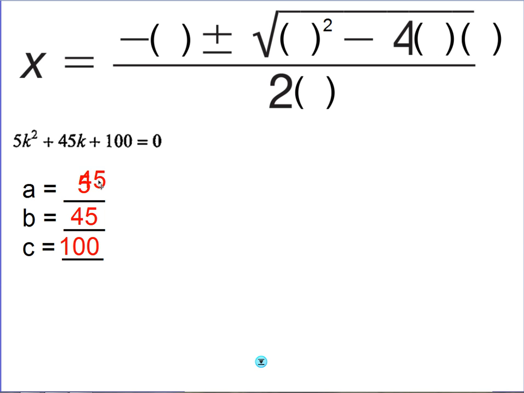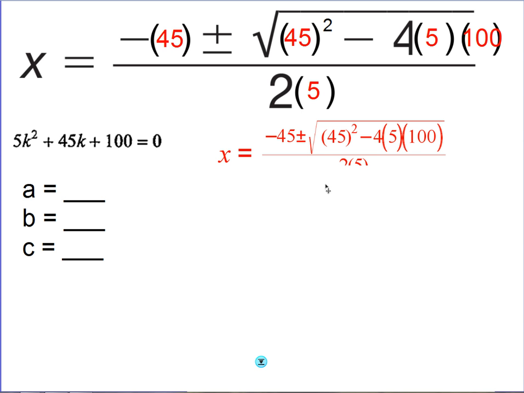Okay, then we're subbing in. Negative 45. 45 squared minus 4 times 5 times 100 and 2 times 5. And when it's all subbed in, it looks like that. So negative 45 plus or minus the square root of b squared minus 4ac all over 2a.